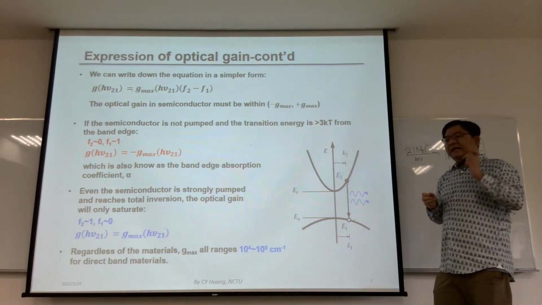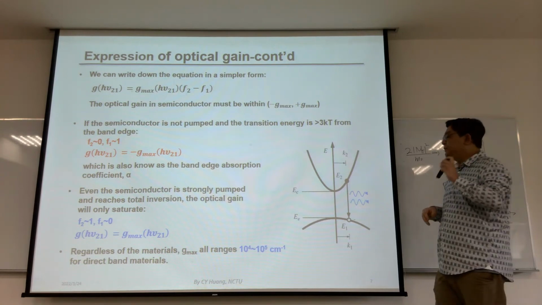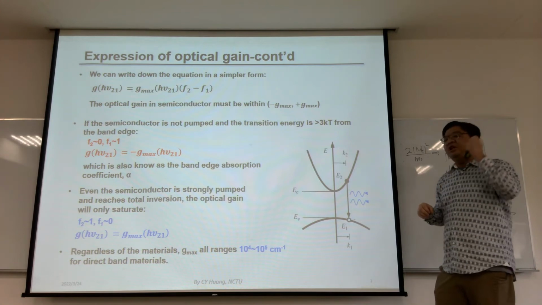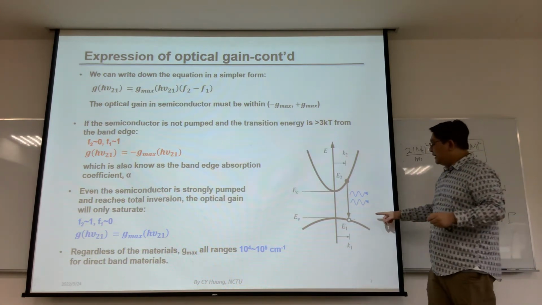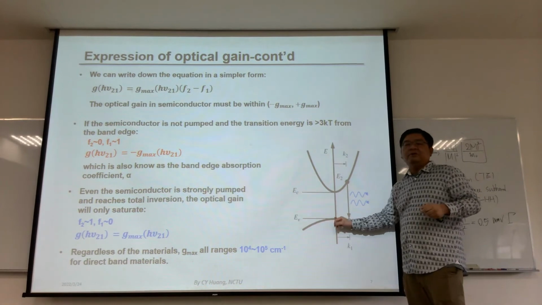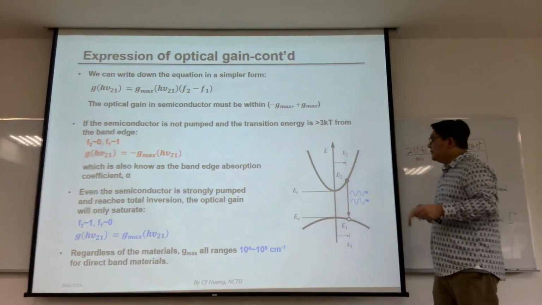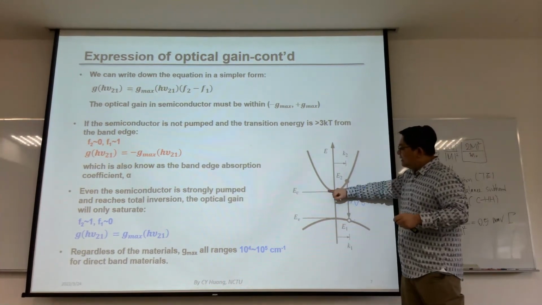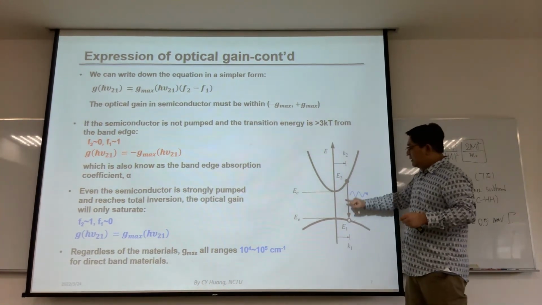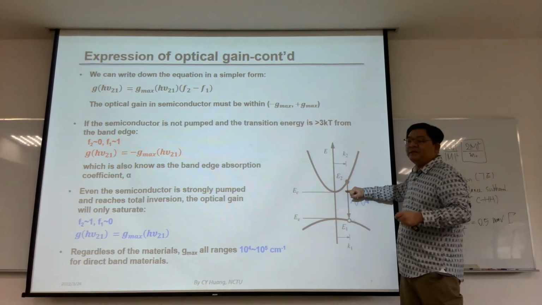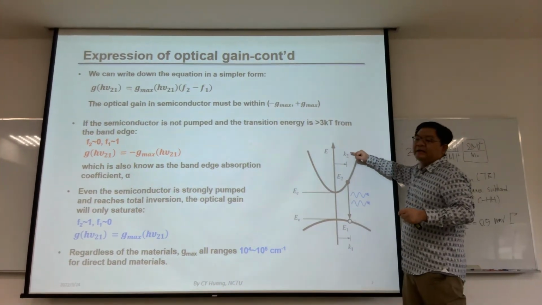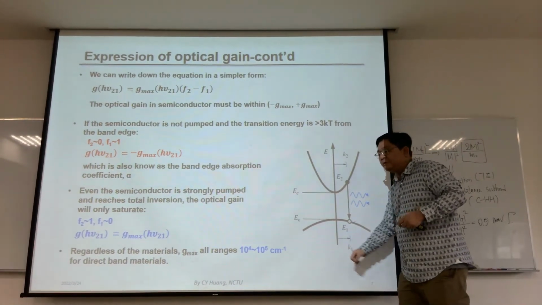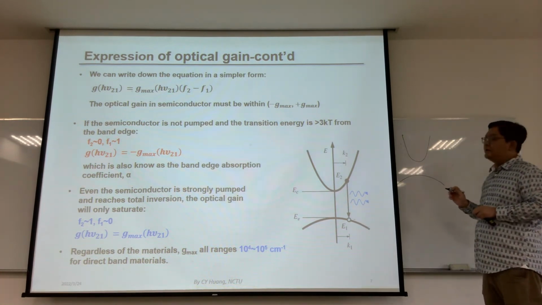However, if you excite this material or pump the material really hard, either by giving injection current or shining a strong laser to pump a lot of carriers from the low level to a higher level, then what might happen? That will make the quasi-Fermi level for the conduction band high, and the quasi-Fermi level for the valence band lower. So this is the conduction band and the valence band.